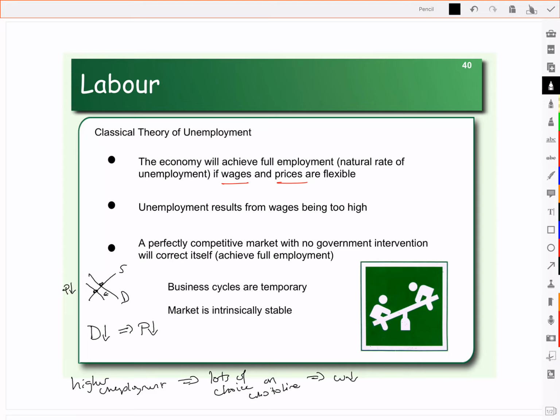Well, if wages fall, workers are now cheaper, and that means businesses can now afford to hire more. And that means that your unemployment rate that was high is going to fall back down. So you can see the fact that wages are flexible allows the economy to bounce back. Like a punching bag, it swings back. Higher unemployment led to lots of choice on who to hire. It made wages fall. Now we can hire more, and that means the unemployment rate falls.